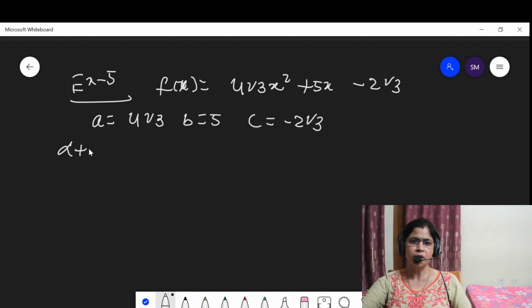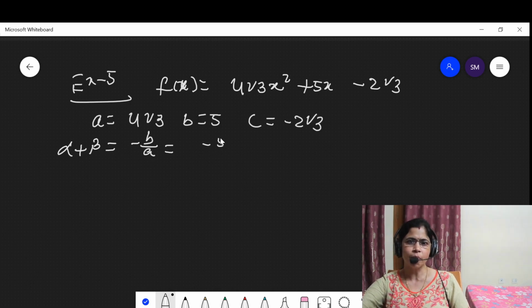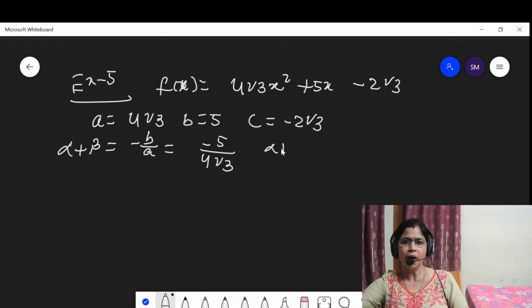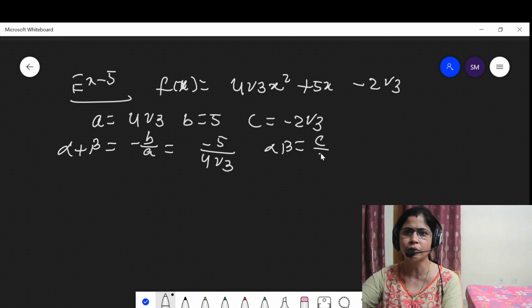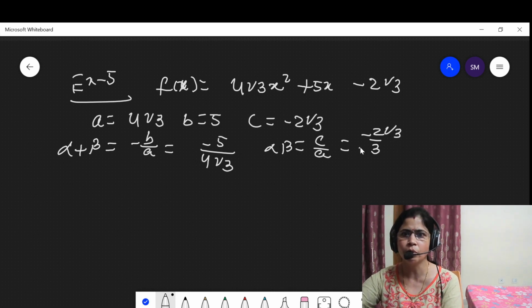Then as per the formula, alpha plus beta is minus b upon a, which is equal to minus 5 upon 4 root 3, and alpha into beta, the formula says, is equal to c upon a, which is equal to minus 2 root 3 upon 4 root 3.